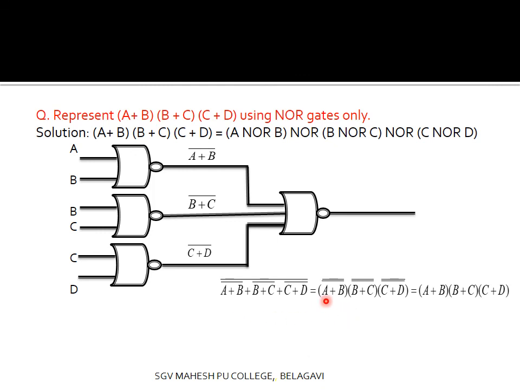We get (A plus B) double bar, and because we have plus here, when we break the bar it becomes a dot, so we get (B plus C) double bar dot (C plus D) double bar. If we remove these double bars, we remain with the expression (A plus B) multiplied by (B plus C) multiplied by (C plus D). And this is what we got for the equation they had given to design a circuit for with NOR gates.